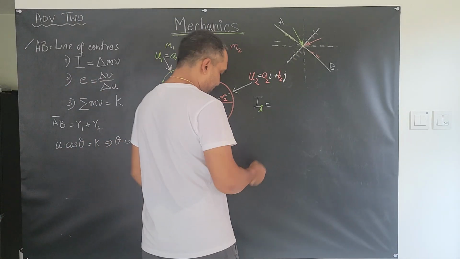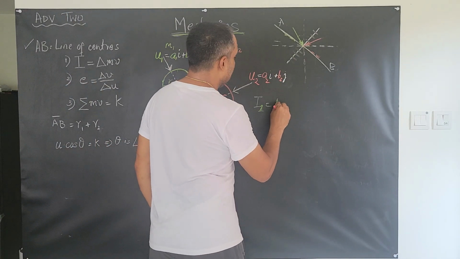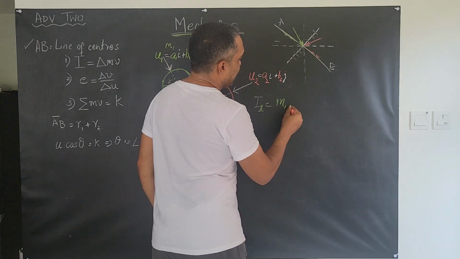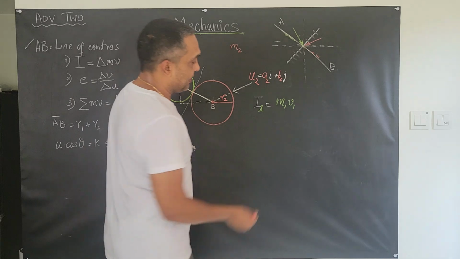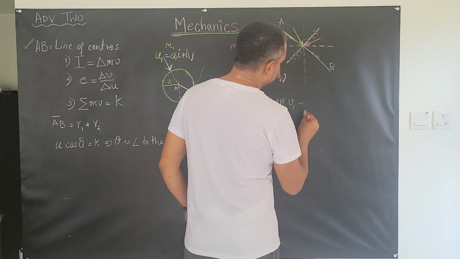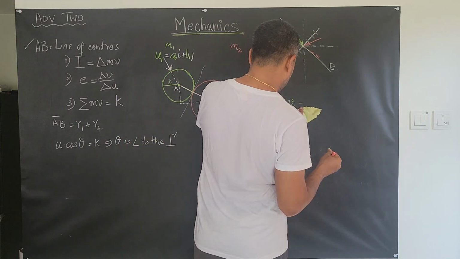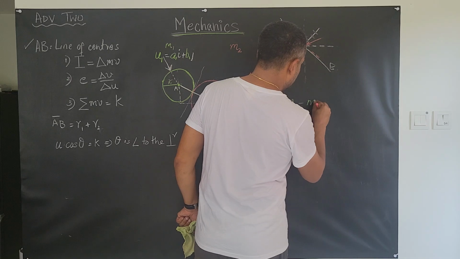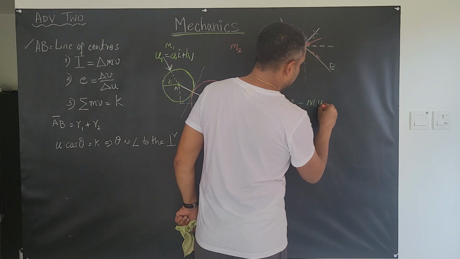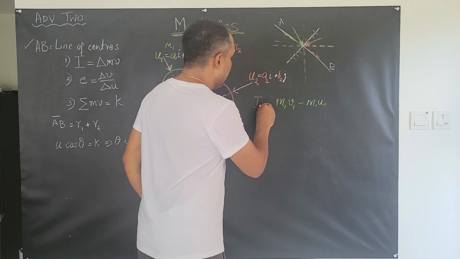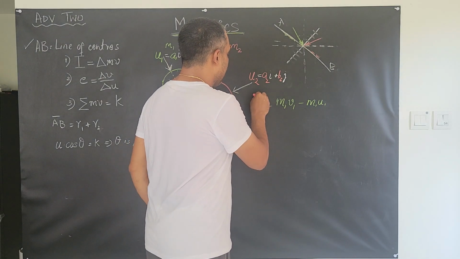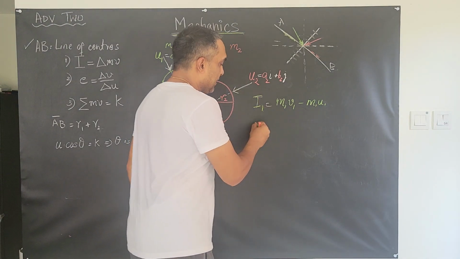So for object one, that will be mass one and its final velocity v1, we don't know, write it as a vector, minus the initial momentum.